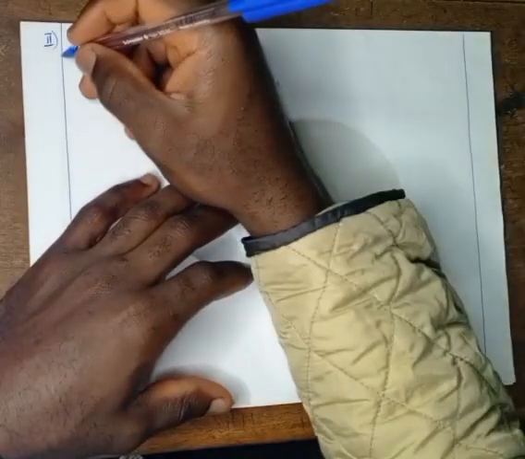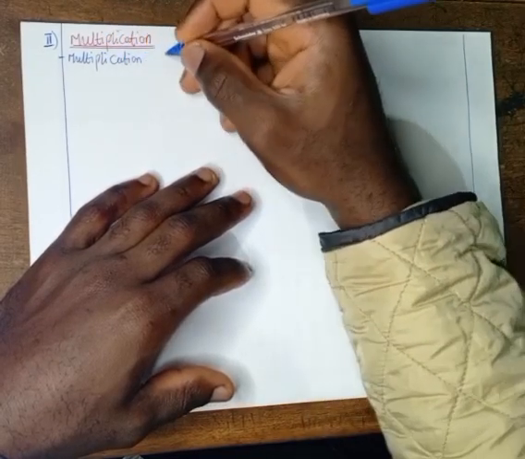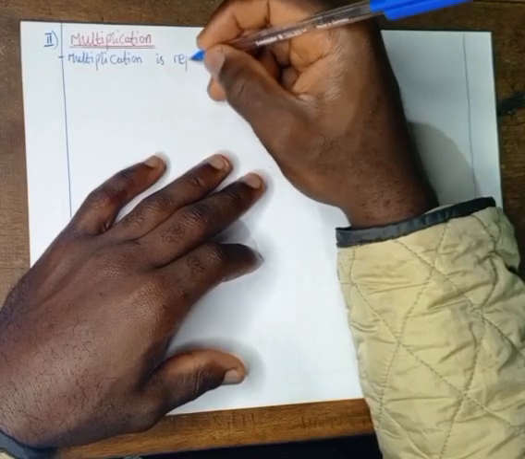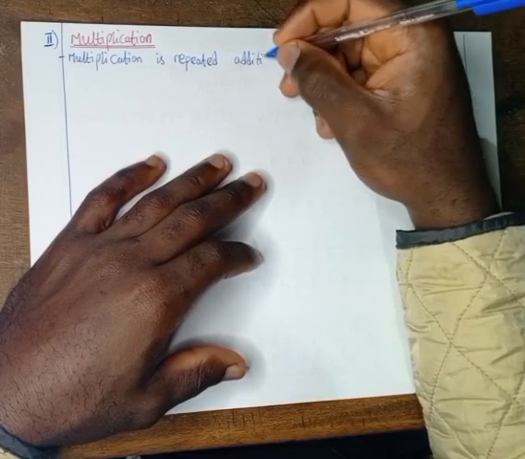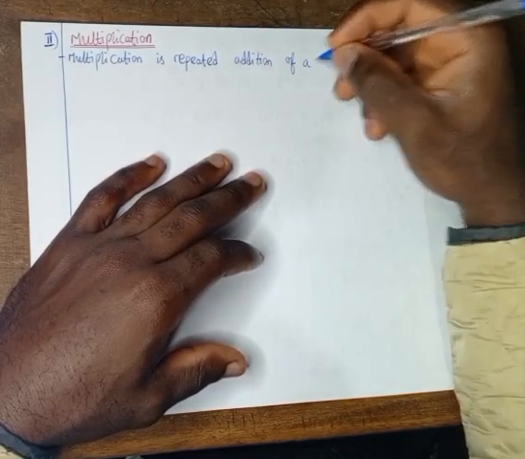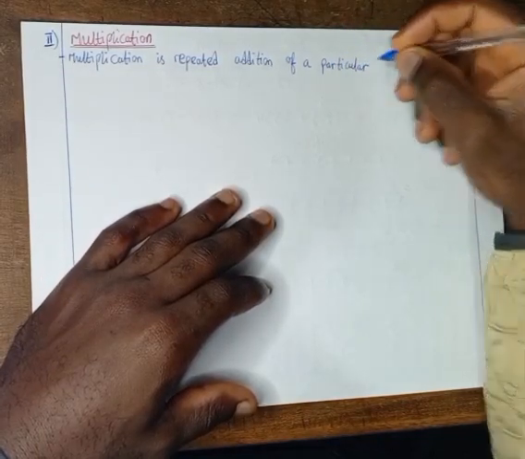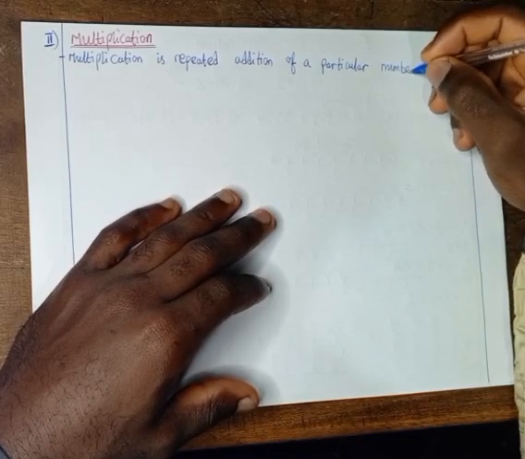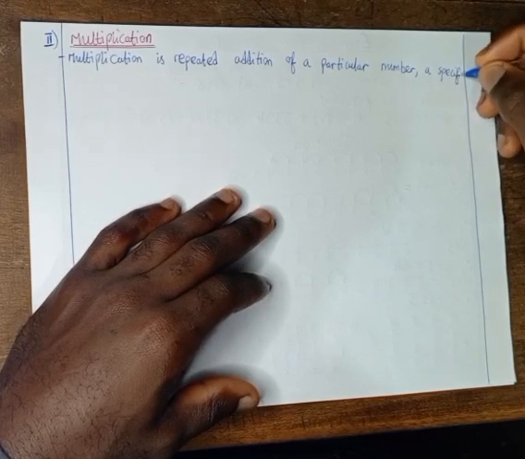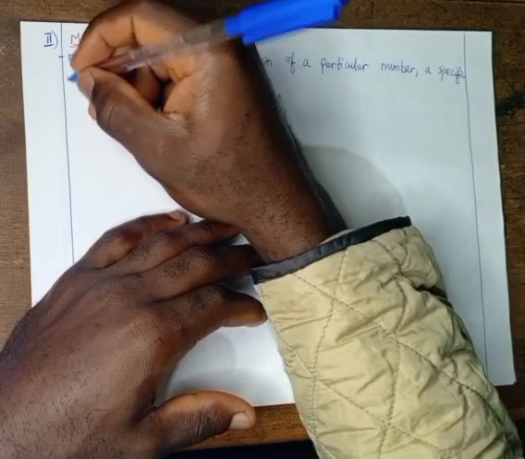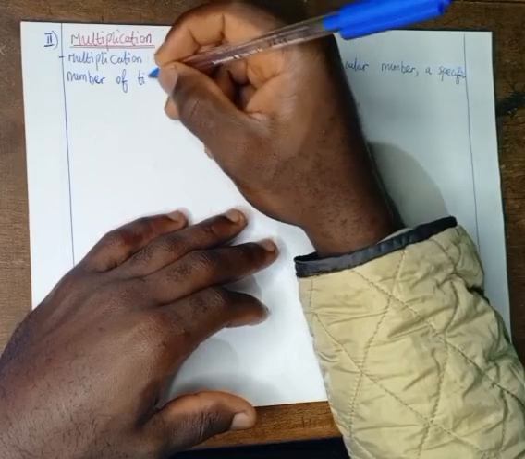The first hyphen, multiplication is repeated addition of a particular number a specific number of times.